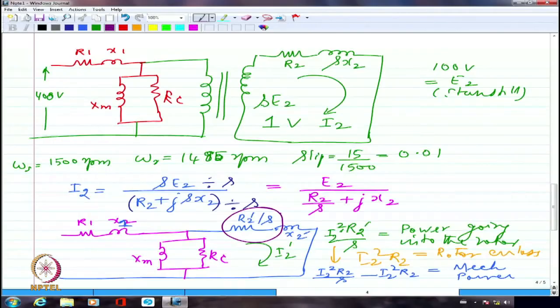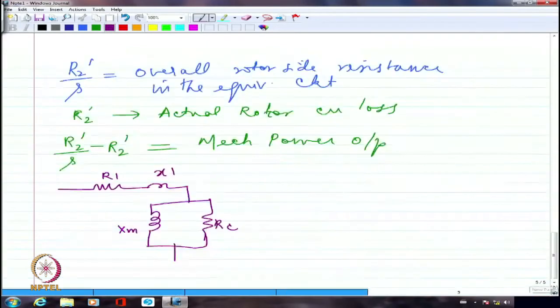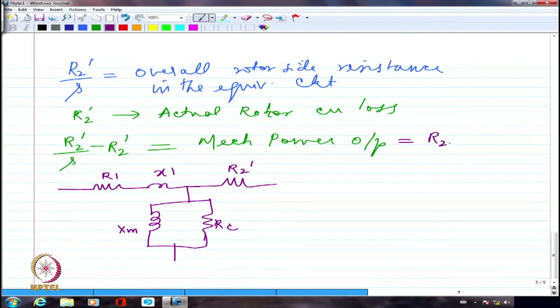Got it? So here I am going to divide this into two portions. One is going to be R2', which is the inherent resistance of the rotor circuit converted into the primary side. This I can write as R2' into (1 minus S) by S. Am I right?